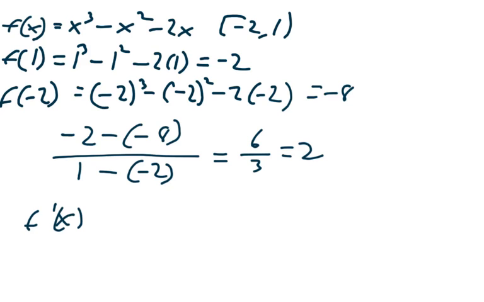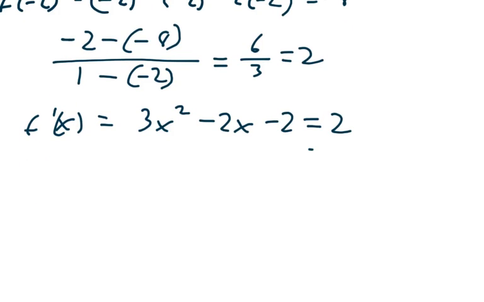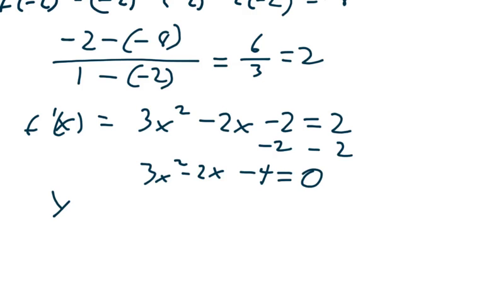So when I take the derivative, 3x squared minus 2x minus 2 equals 2. I'm going to subtract the 2 to the other side. This time I'm going to figure out where they intersect by plugging in y1 equals 3x squared minus 2x minus 4, and I'm going to plug in y2 equals 0.